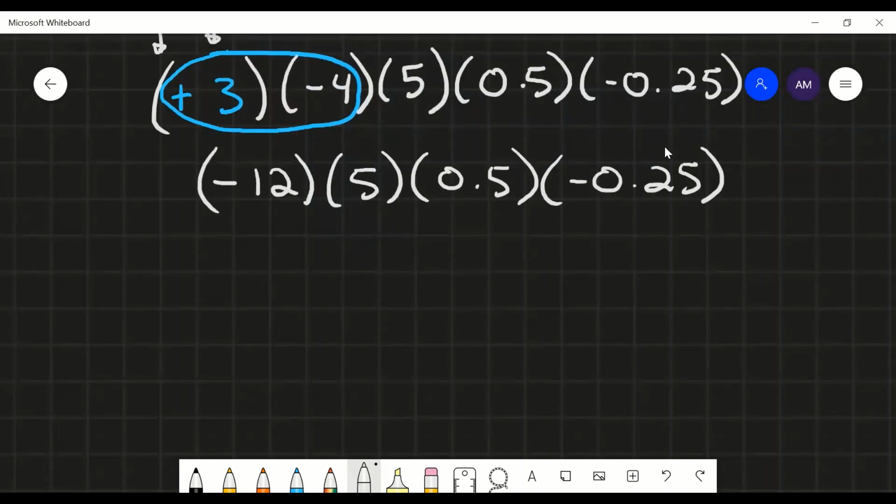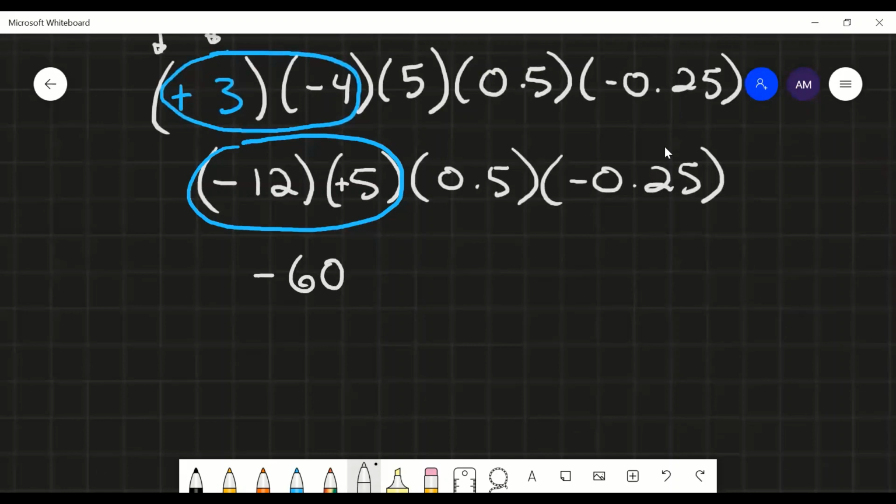Okay, well, there's no symbol here. If there's nothing there, we have to assume that it's a positive or a plus. So this is minus 12 times plus 5, which would make minus 60, times the rest.